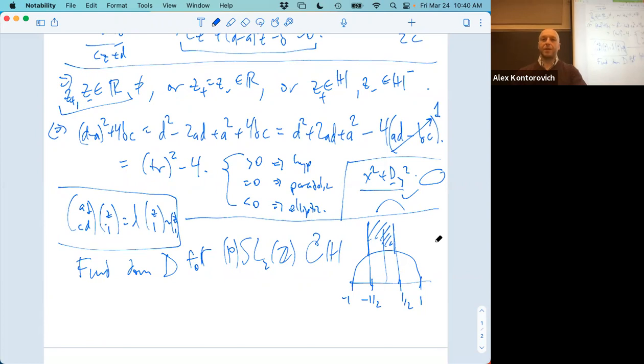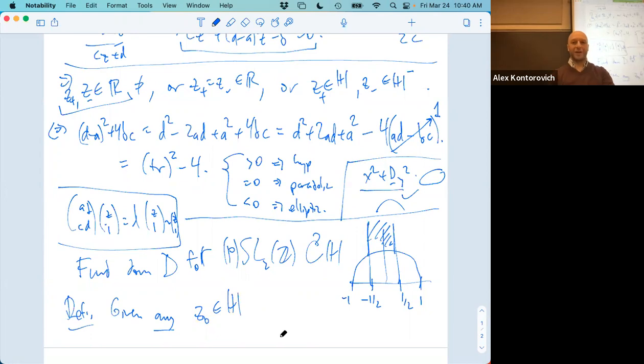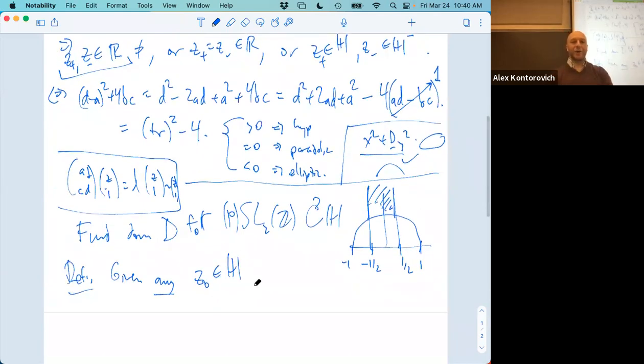So there is a canonical way. There's something called a Dirichlet domain. Let me say what this is. Definition: given any point, let's call it Z0, in any space, but let's stick to the setting of the upper half plane, and you have a discrete group gamma acting on this, like SL2Z, but this is a completely general fact.